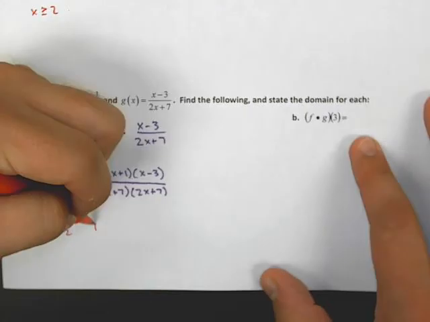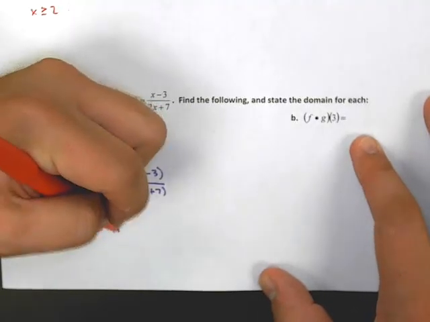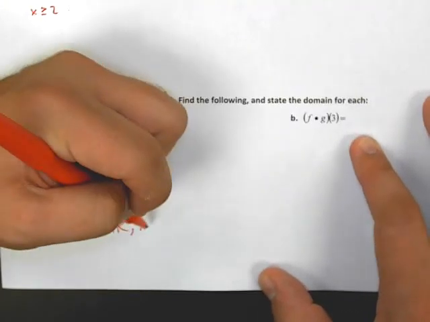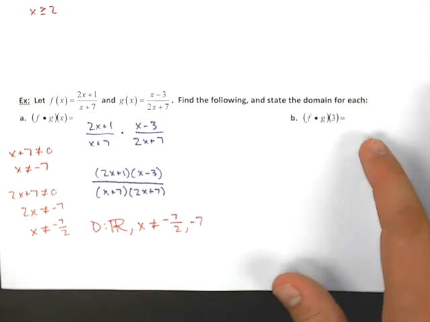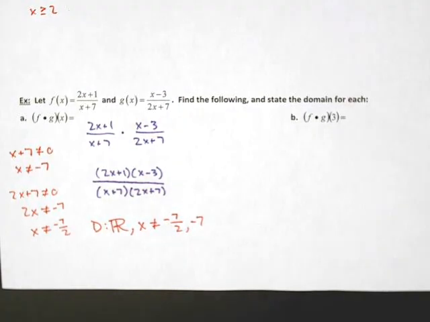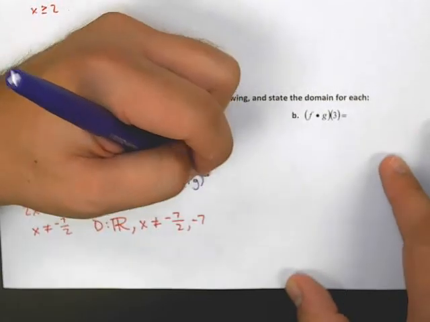So, domain: if these are the two values that x cannot equal, it can be all other real numbers except x cannot equal negative 7 halves and negative 7. And this was fg of x.